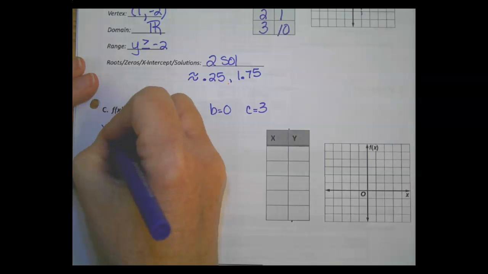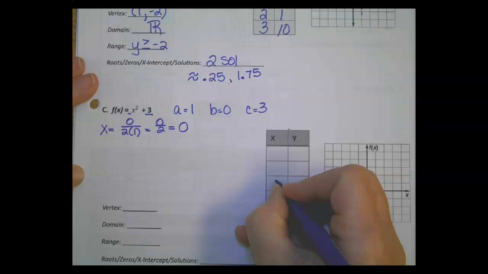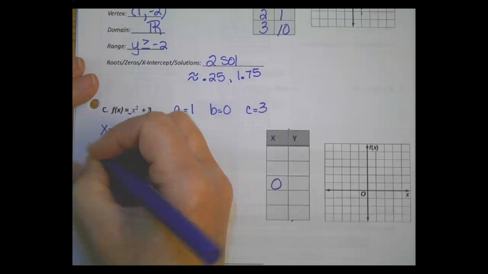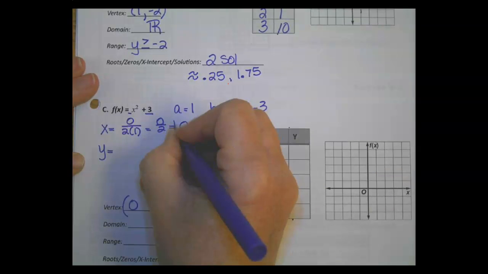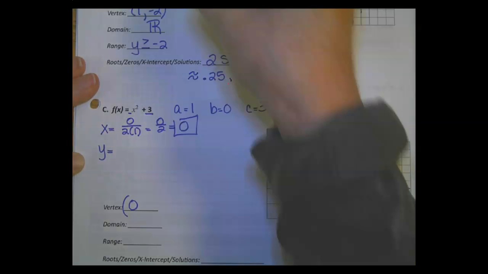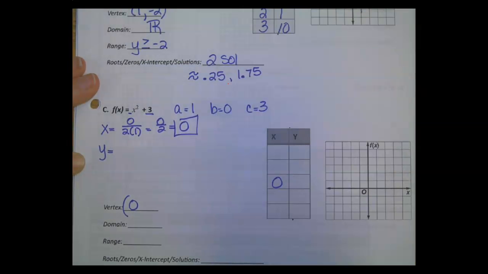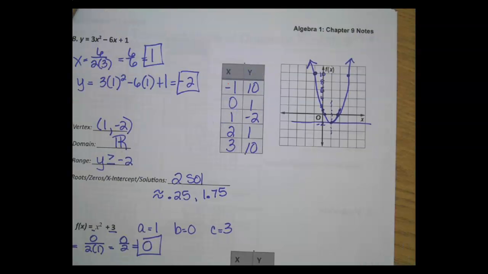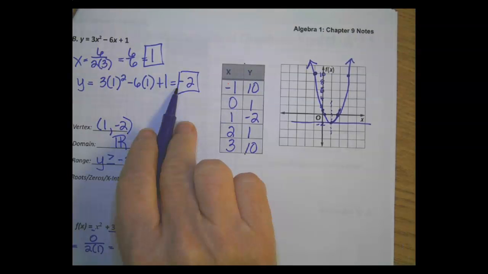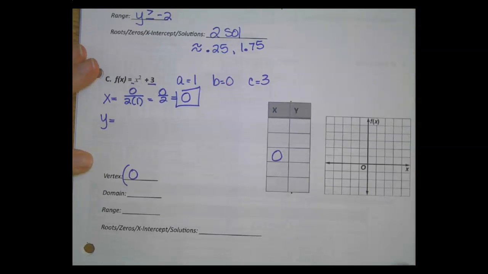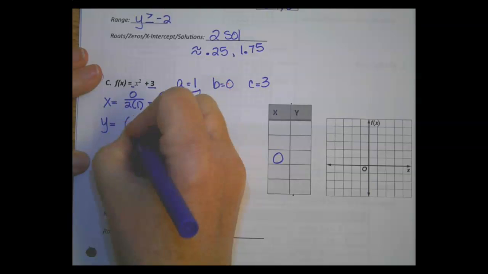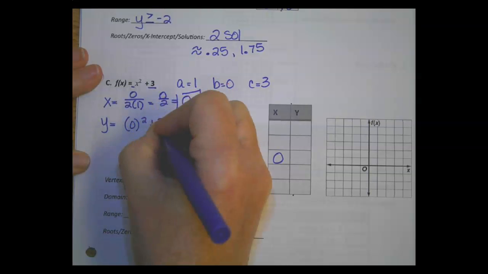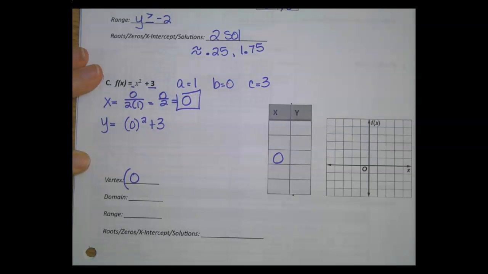That's my X. For my Y, I'm going to substitute this 0. I forgot to add that. Sorry, I just went up there and boxed out that answer. So if I substitute 0 in, I should get 3.